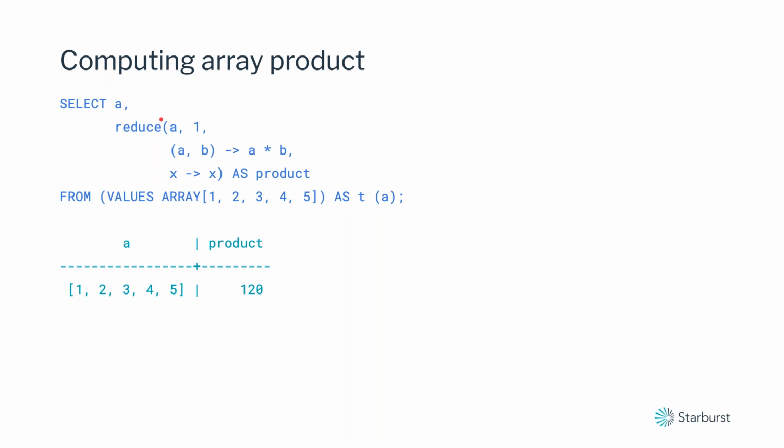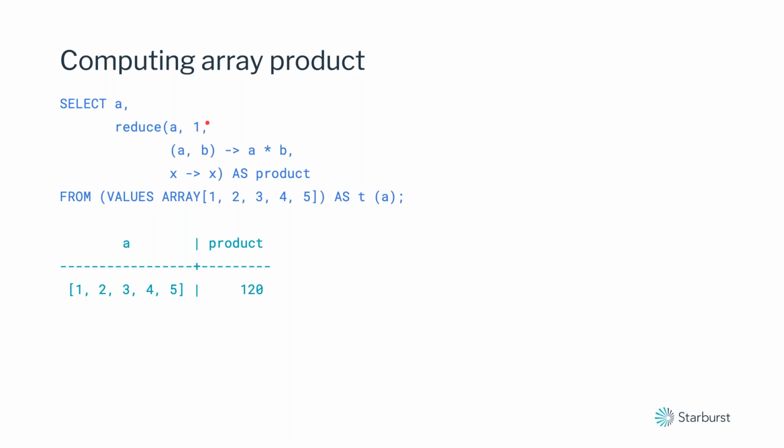So it's similar to reduce ag. It takes the array as input. It takes the starting value for the reduction. It takes a lambda expression that's going to be applied to the starting value and then each value in the array. So we'll start off with 1 here, and then our expression is a times b.